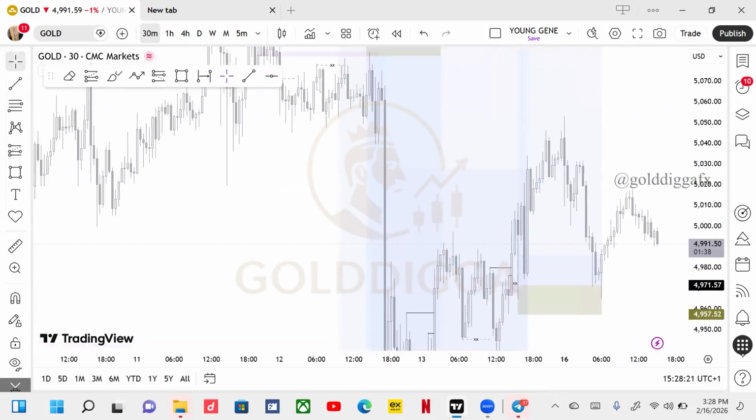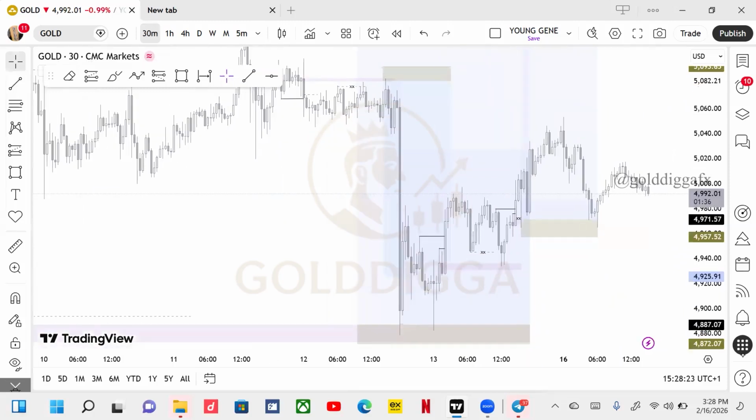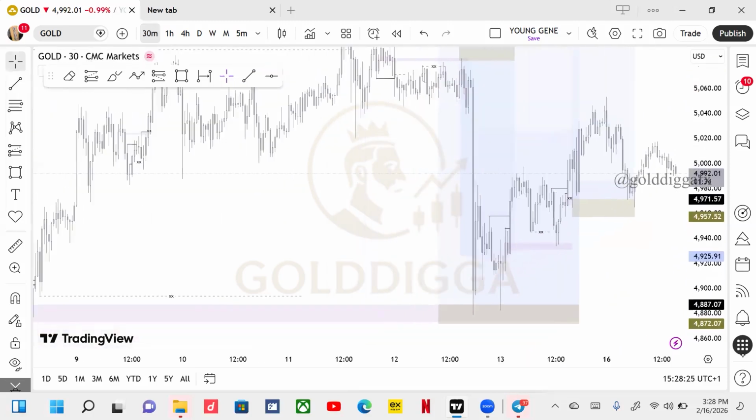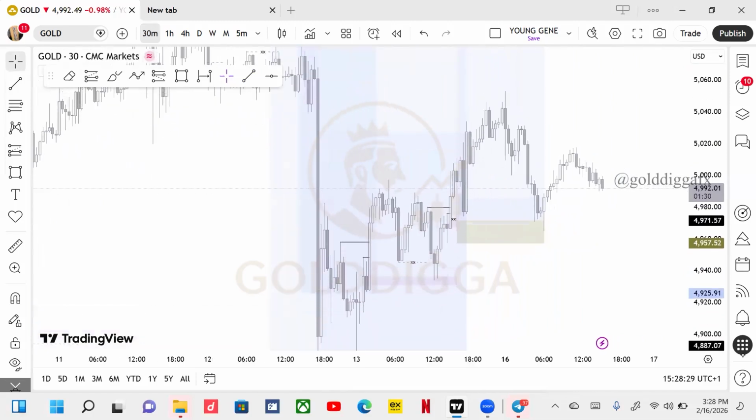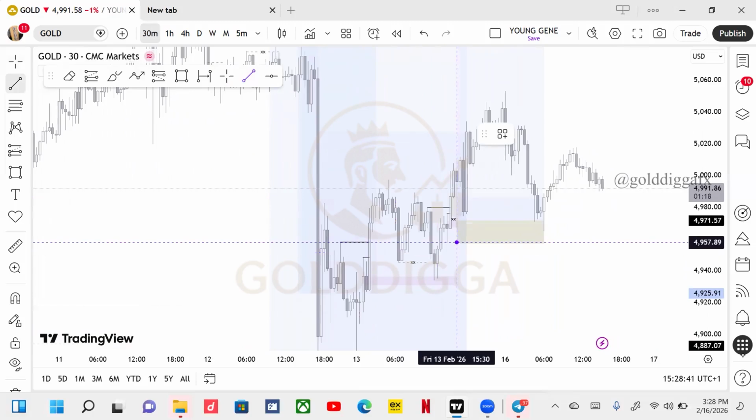So I'm still holding gold. I'm still very much bullish on gold. But the thing is, for me right now on gold, I want to see all these lows go out.